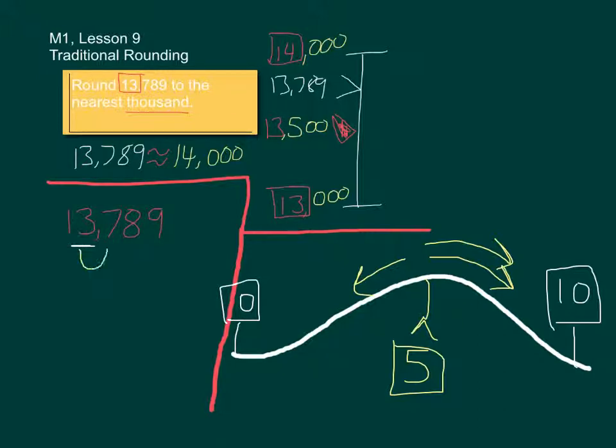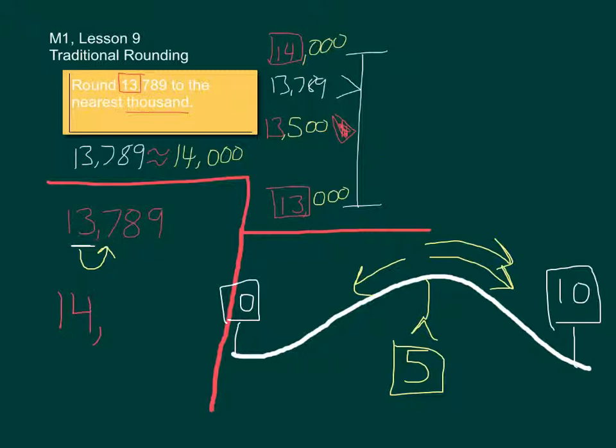Next, you look to the digit to the right. The digit to the right is a 7, and when we look over at our hill over here, 7 is going to go farther away. It's going to go to the next number. It's not going to go backwards. Anything more than 5 goes this way. So since we see that 7 here, we know that it's not going to go to the 13. It's going to go to the next number. So it's going to round to 14,000.